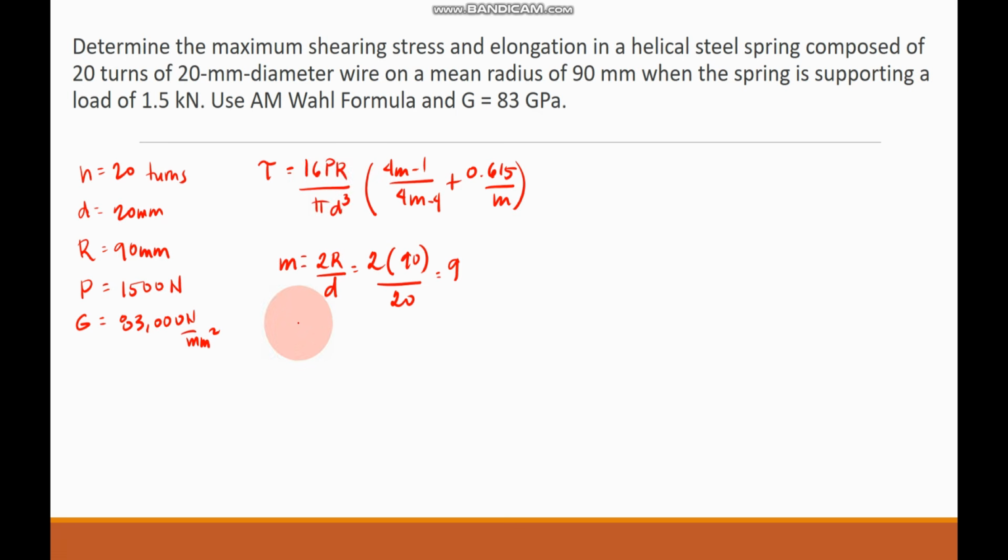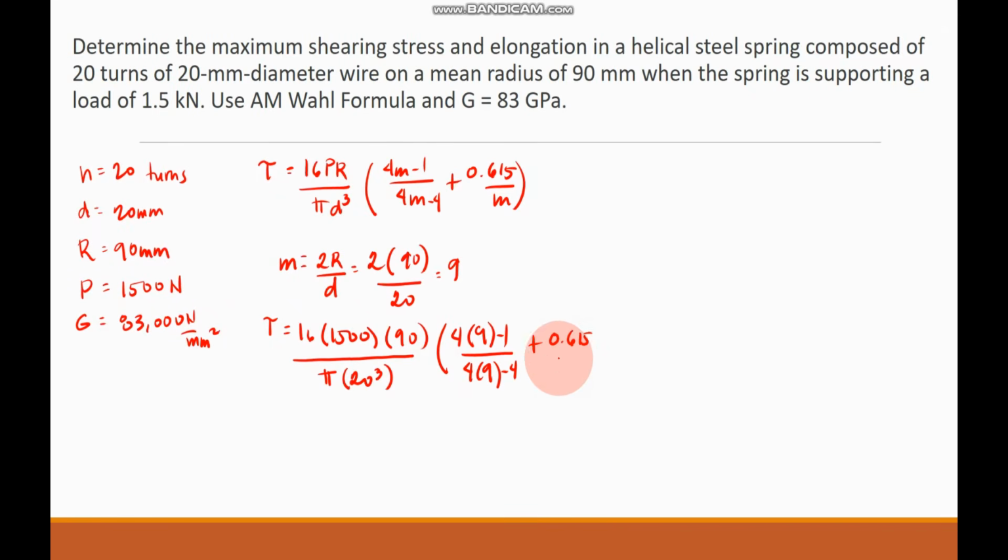And then the rest of the given. So magiging 16. Our load is 1,500 Newton. Mean radius is 90 all over pi. The diameter is 20 raised to 3. And then 4 multiplied by 9 minus 1 all over 4 times 9 minus 4 plus 0.615 all over 9.